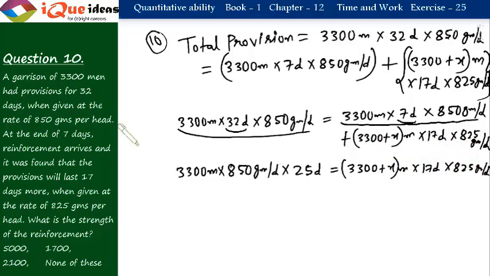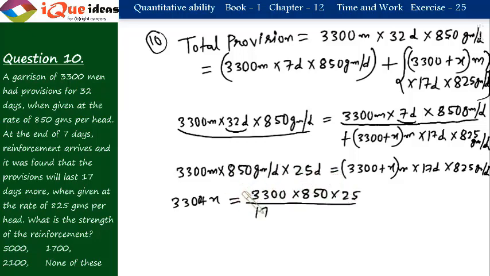Now let's see what you can divide. So we have, let's do 3,300 plus x on one side is equal to 3,300 into 850 into 25 divided by 17 into 825.